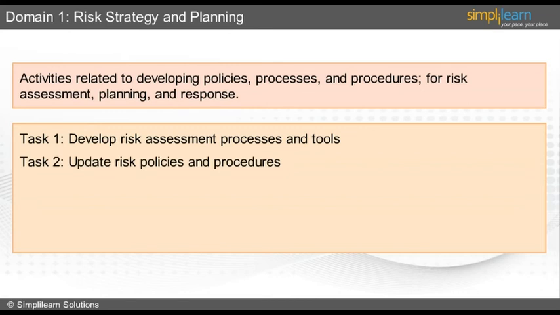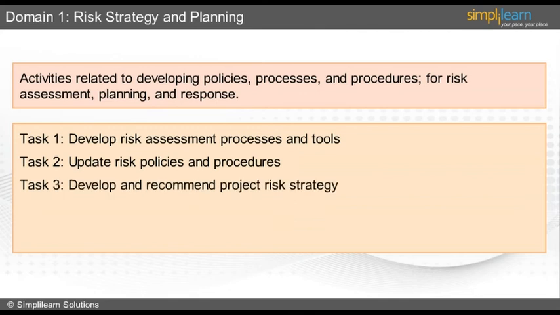Second task is to update risk policies and procedures using lessons learned and risk audit outputs. The third task is to develop and recommend project risk strategy based on project objectives, which helps in developing the risk management plan.